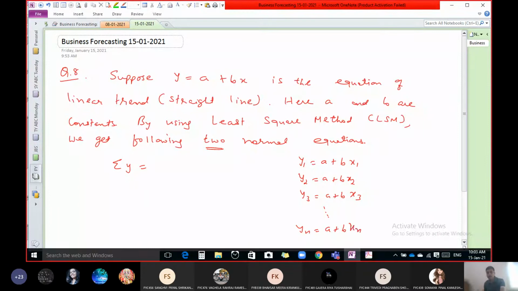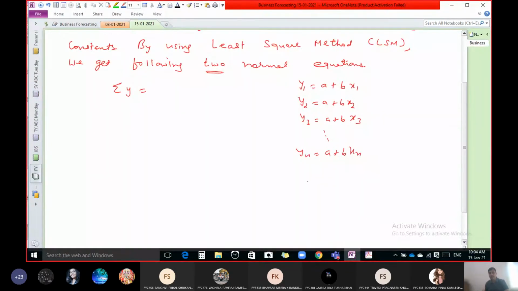Now if we add these values, we get y1 plus y2 plus y3 up to yn, that you can denote by sigma yi, or you can write only sigma y. Here i is running from 1 to n.